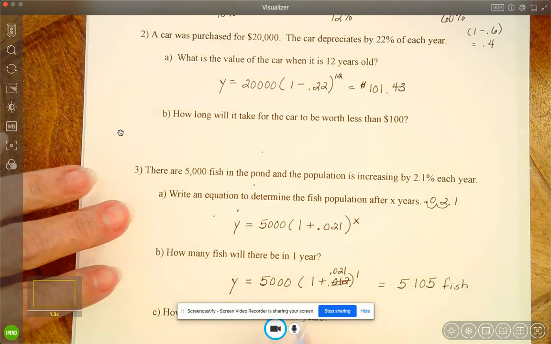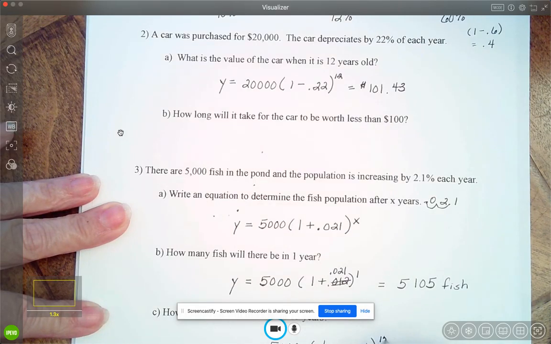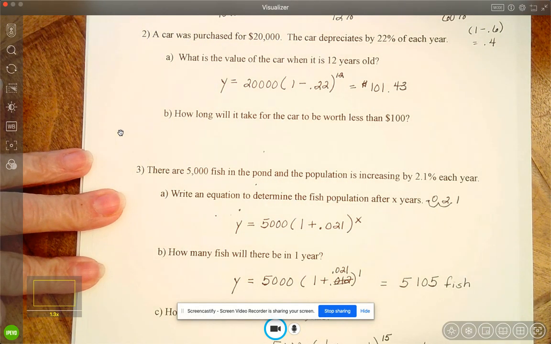Down here it says, how many fish will there be in 15 years? I'm going to use the exact same equation, but instead of 1, it will be 15. And I do my calculation, and I'm going to raise that to the 15th power this time.